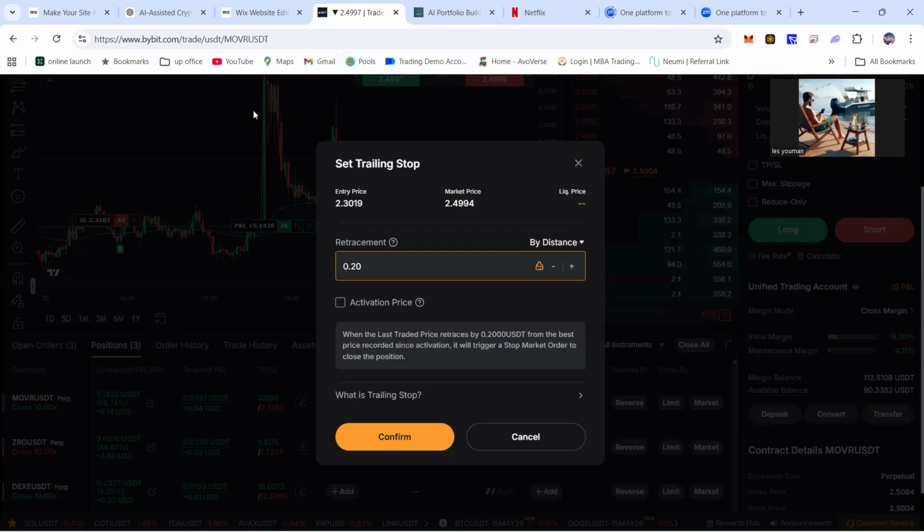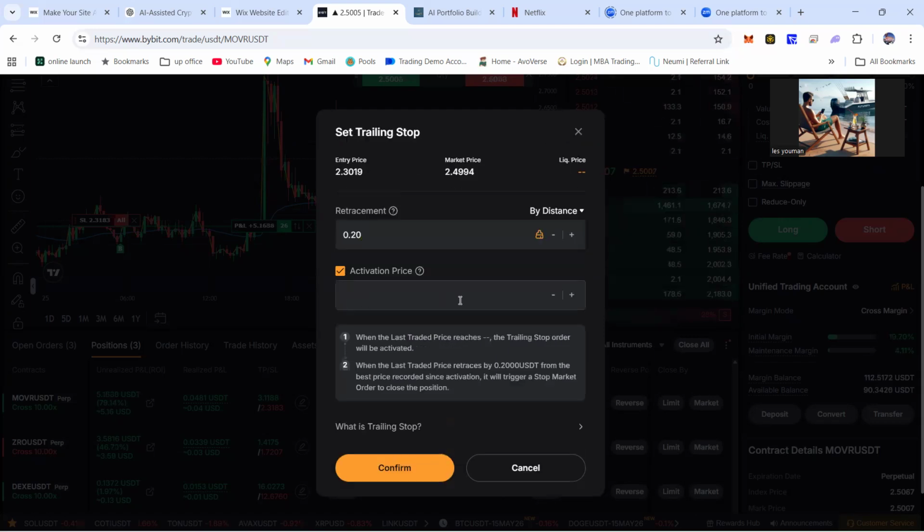And what that means is if the market retraces by 20 cents, so let's say it gets up to $2.80, if it retraces down to $2.60, that's where it's going to hit the trailing stop loss. You can also set an activation price.